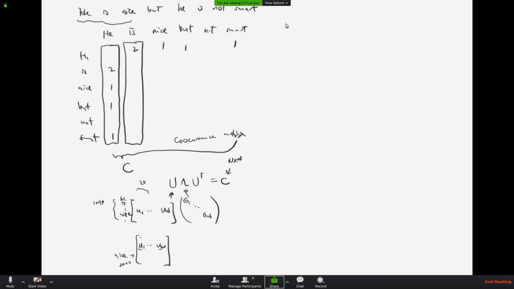Then I have this vector with elements U1 2000 up to U20 2000. Actually, I probably should write U2001, but it doesn't matter. And this will be my representation.